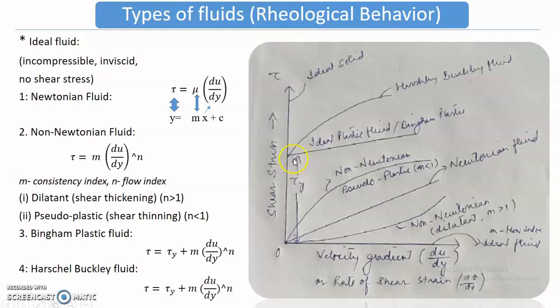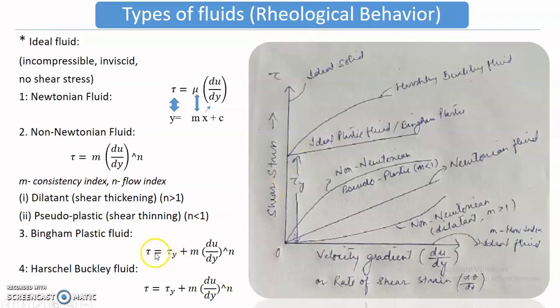If you open the cap, it does not come down by its own, so that is where its solid behavior is reflected. Now if you squeeze or put some force into it, the toothpaste comes out. That means it is again behaving like a fluid. It requires some initial yield stress so that the flow of the fluid can take place.